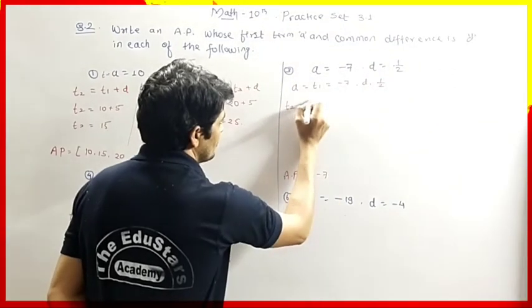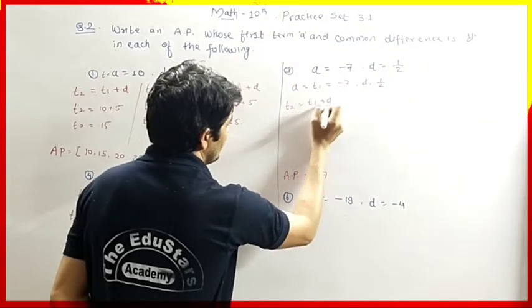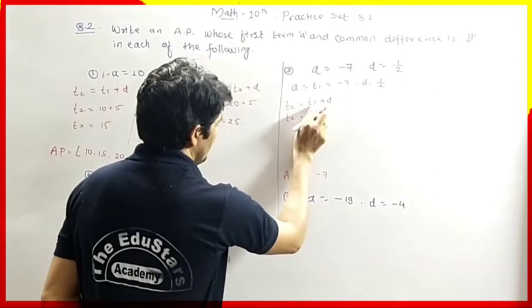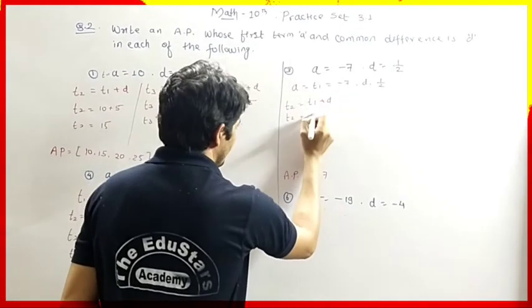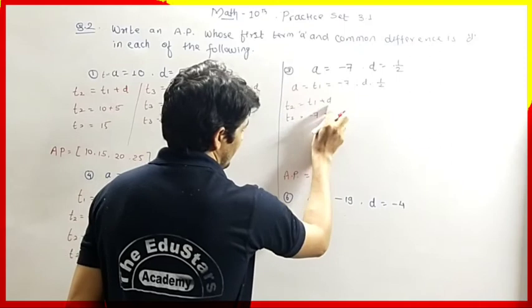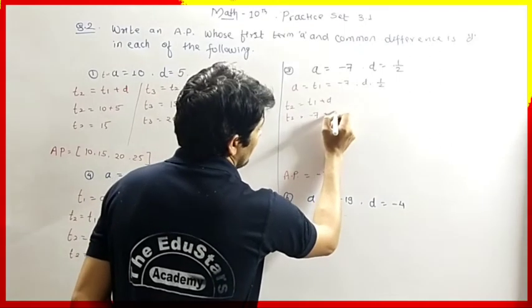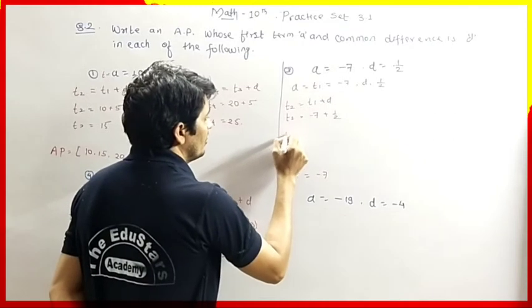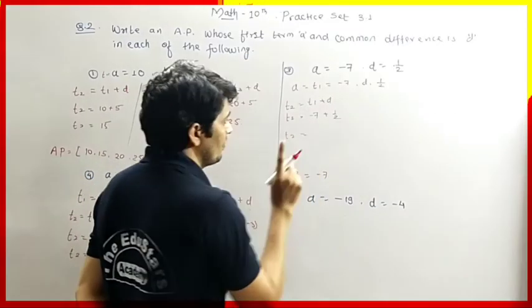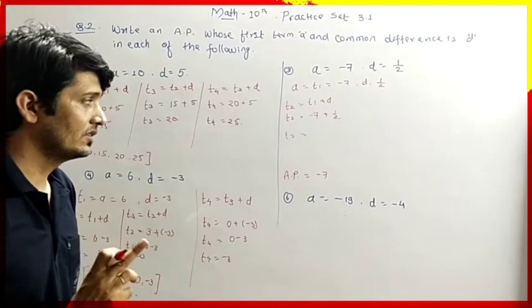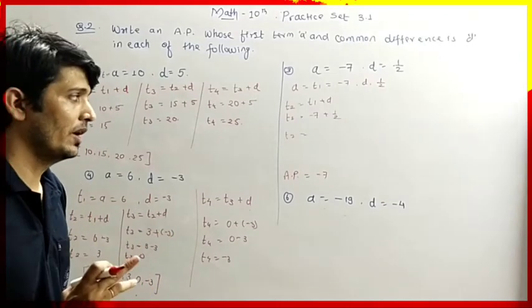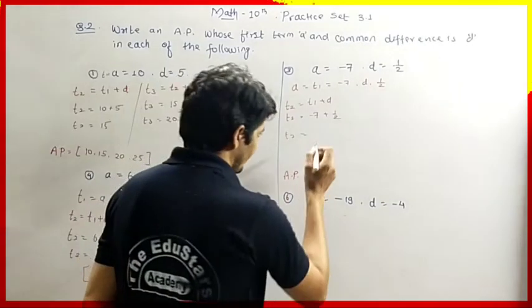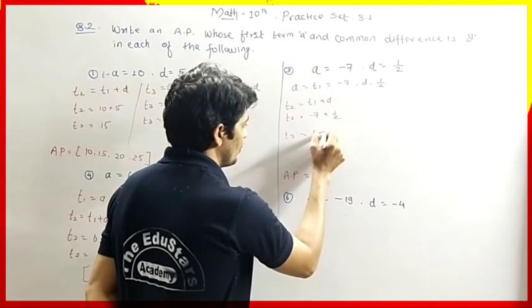T2 equals T1 plus D. T1 is minus 7, plus D, which is 1 by 2. So T2 equals, if we solve minus 7 plus 1 by 2, we will get 6.5.